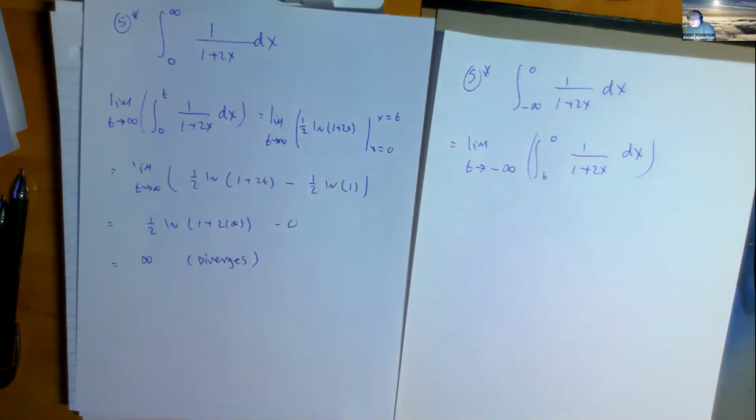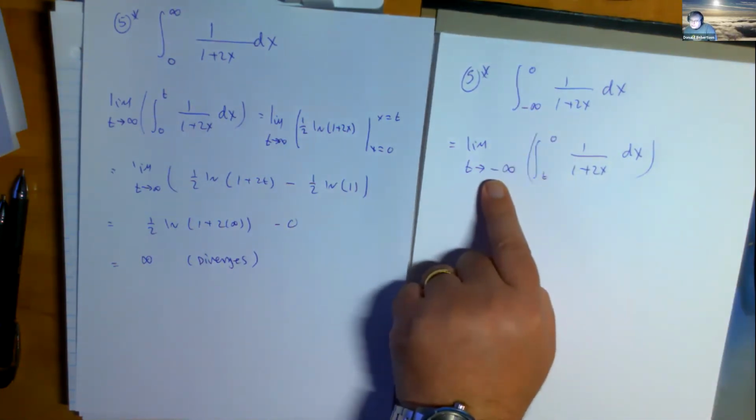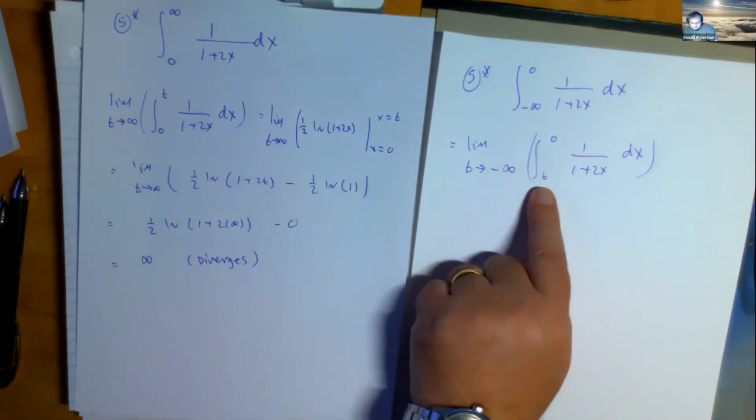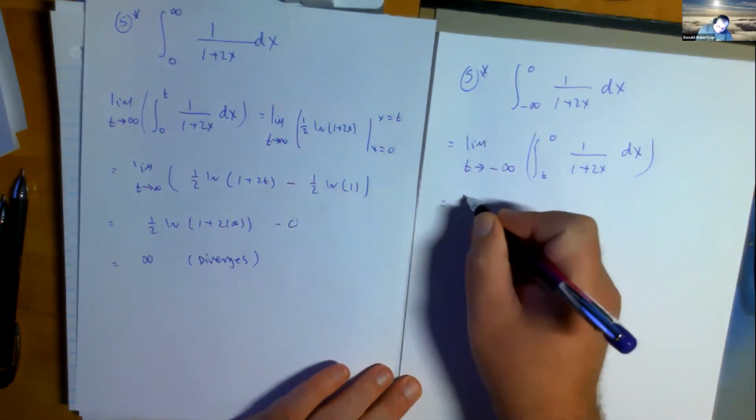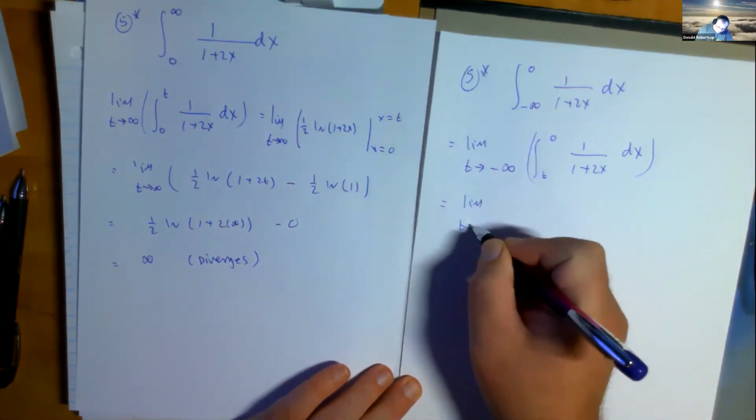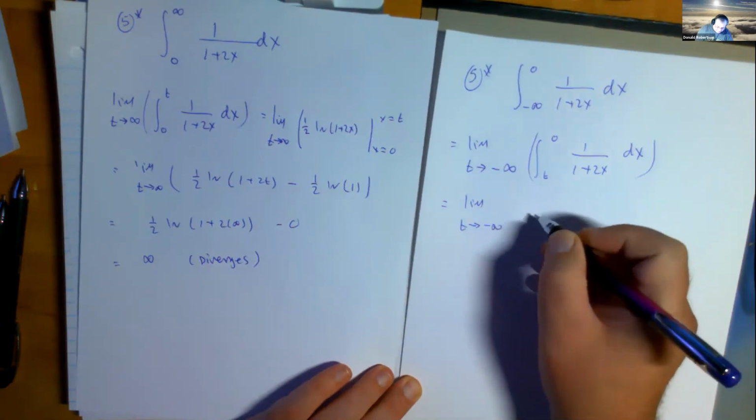Do you notice a slight alteration or change to the process because it's a negative infinity? Do you see it's now the limit as t tends to negative infinity rather than plus? And do you notice that the t goes here now? And I'm going to do a second slight tweak.